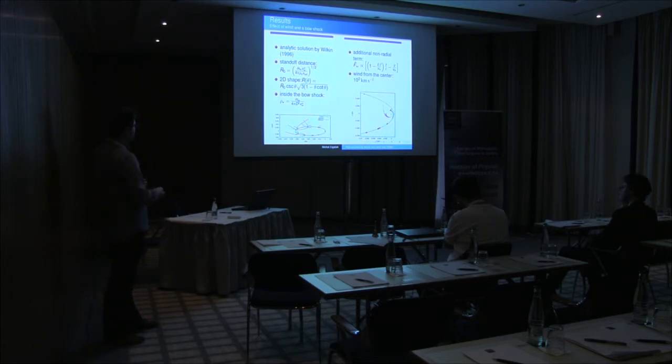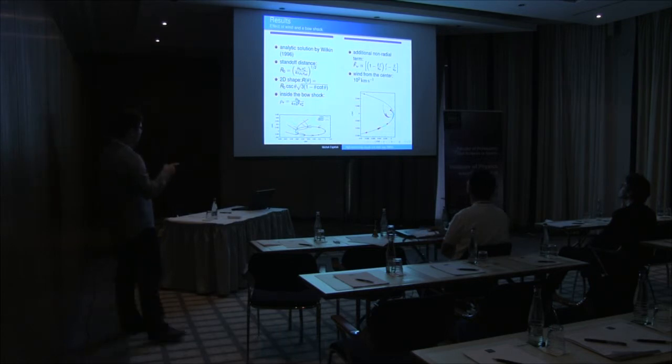Inside the bow shock, we included a density profile proportional to 1 over the distance from the star squared. When we compare the evolution with the wind from the center included, the structure is more stretched due to an additional non-radial term.